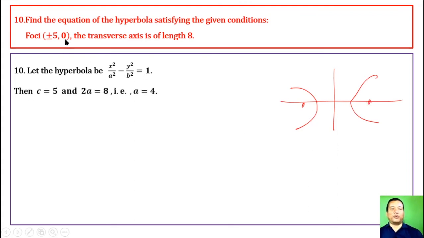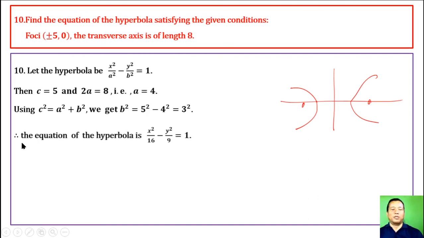Comparing this equation with the given values, we get c equal to 5 and twice a, the length of the transverse axis is twice a, which is given as 8. Solving, we get a equal to 4. Using c square equal to a square plus b square, we get b square is 5 square minus 4 square, that is 3 square. Therefore, the equation of the hyperbola is x square by 16 minus y square by 9 equal to 1.